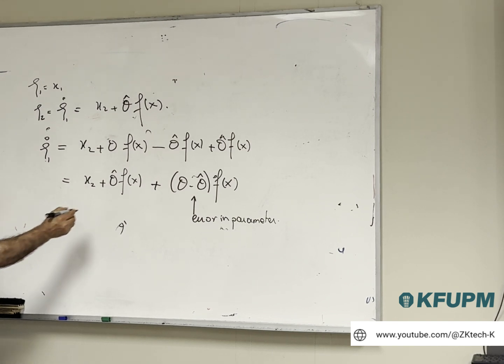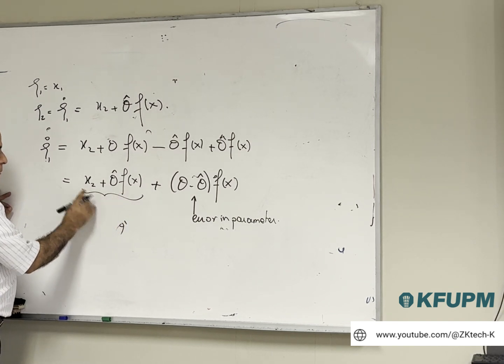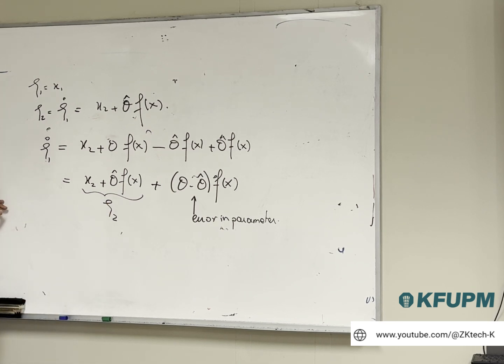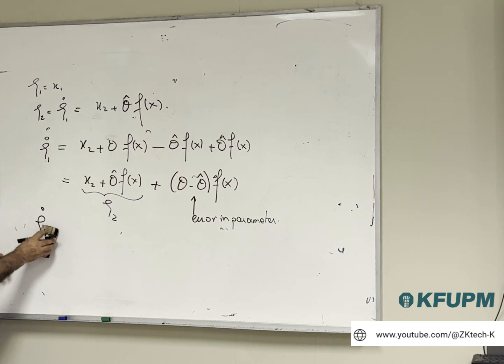And this value is zeta 2. Everybody's okay with this?